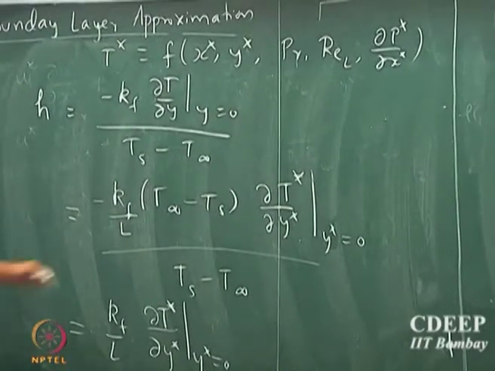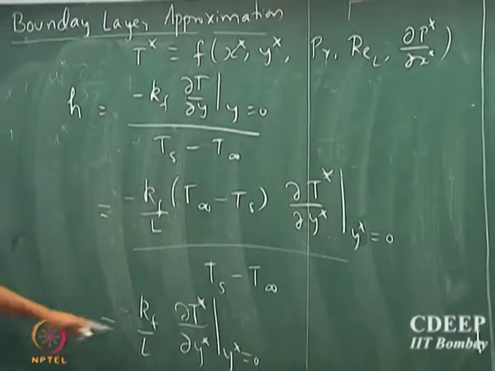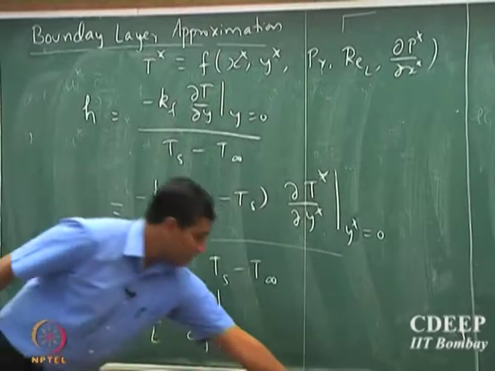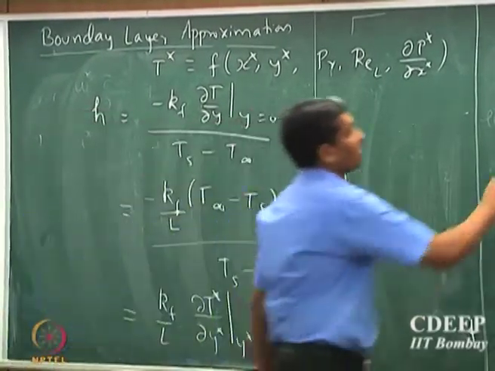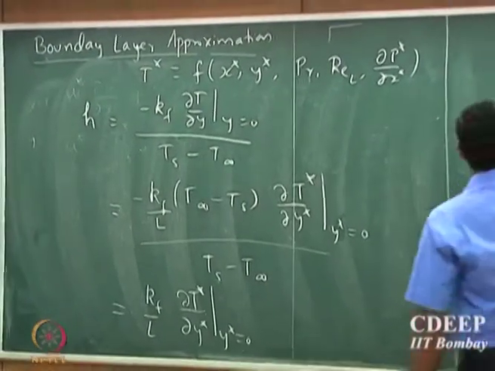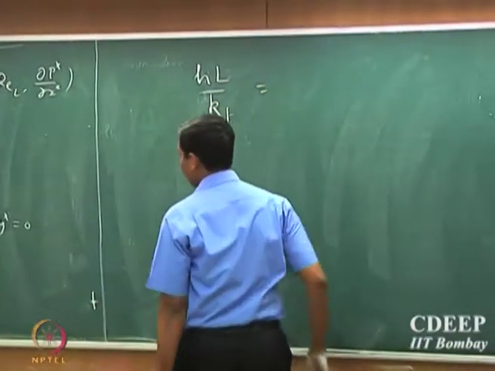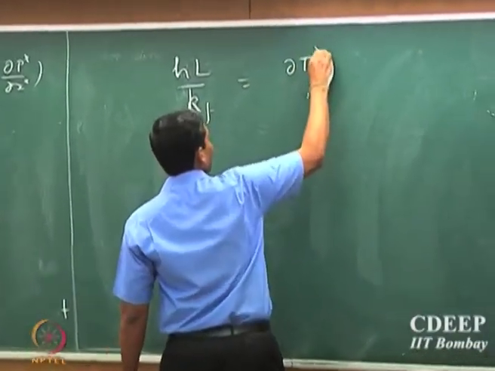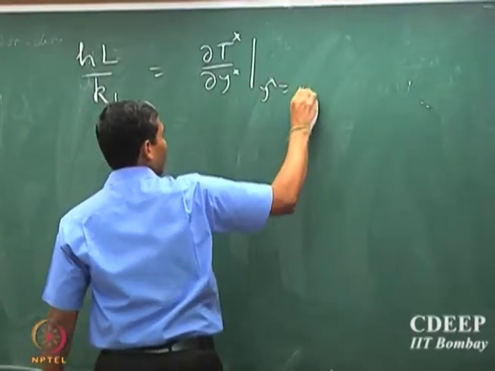Okay, all I have done is cancel out these two terms and pull the minus sign inside, so there will be kf by L into dT star by dy star. So this equation we can now rewrite as h into L by kf equal to dT star by dy star at y star equal to 0.